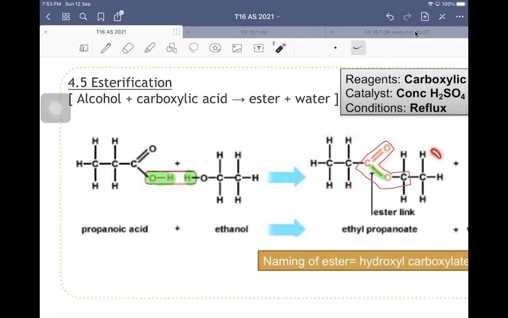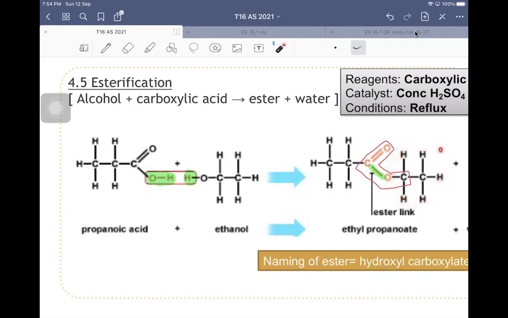The side with the single bond O is your alcohol side, or we call it the hydroxyl. In terms of naming this molecule, we always start with the alcohol side that ends with yl, so it's like an alkyl.